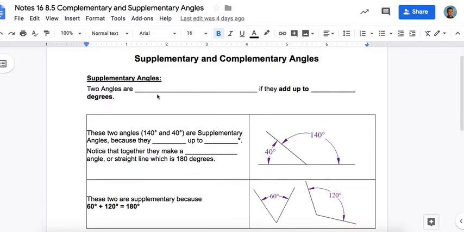Welcome to my video on supplementary and complementary angles. So, two angles are supplementary if they add up to 180 degrees.